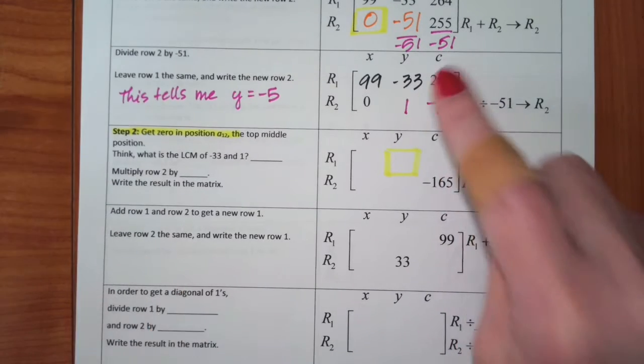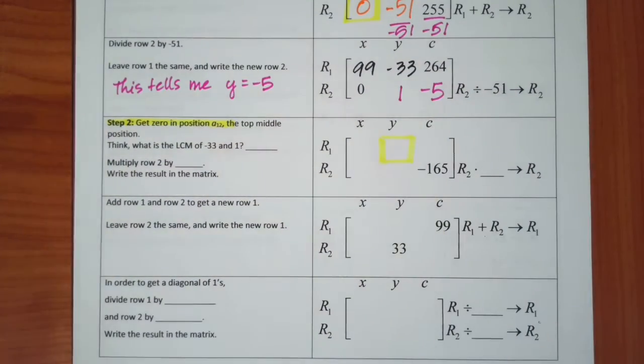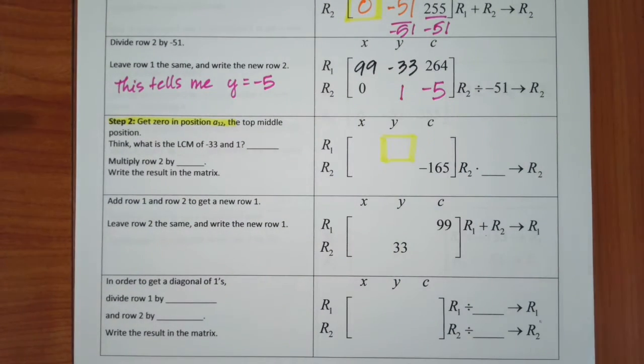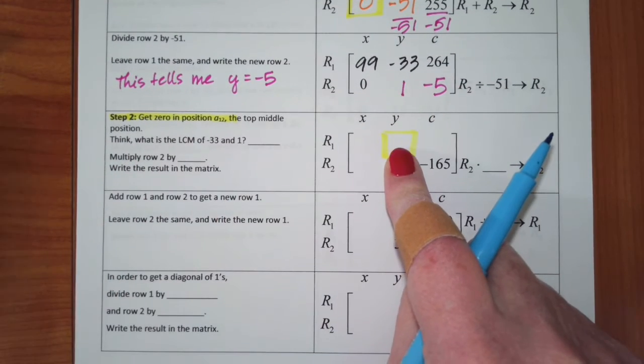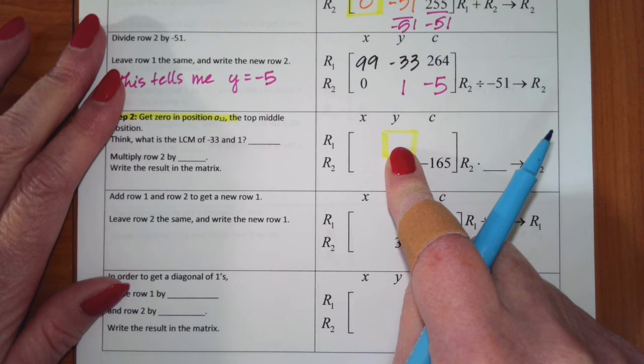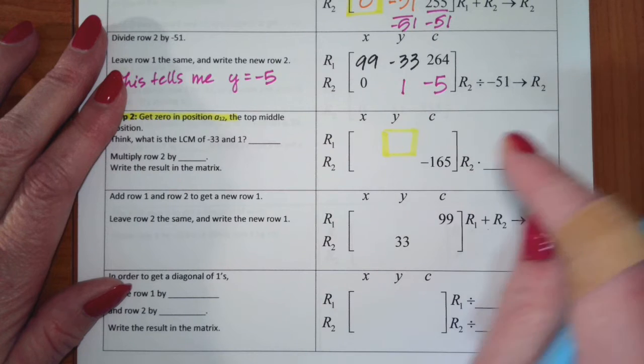Well, I know that if I add these columns together, I can get a 0 in here if, in fact, these are the same with opposite signs. So the first thing I'm going to have to do is turn this into a positive 33.